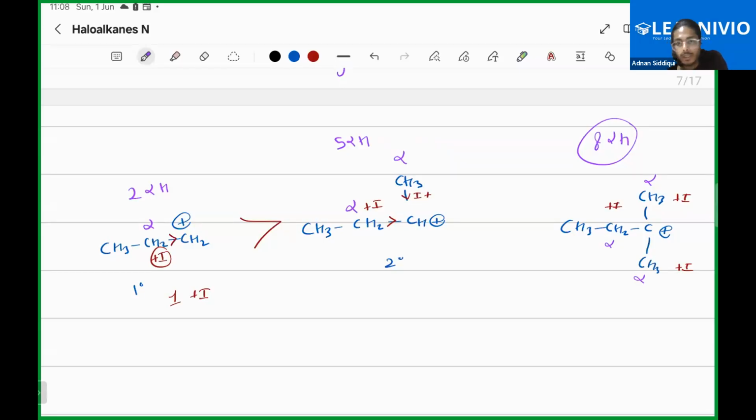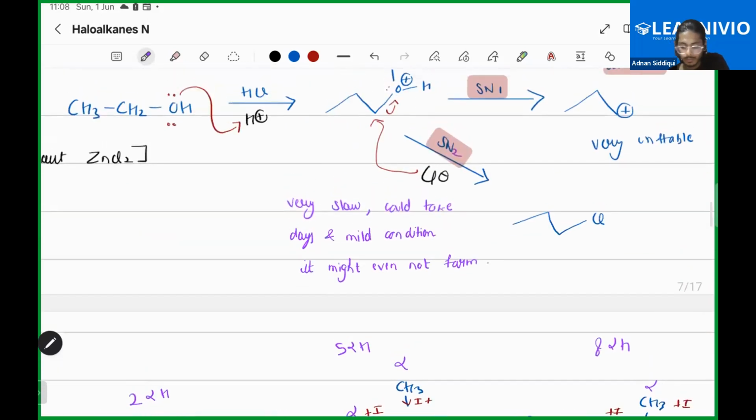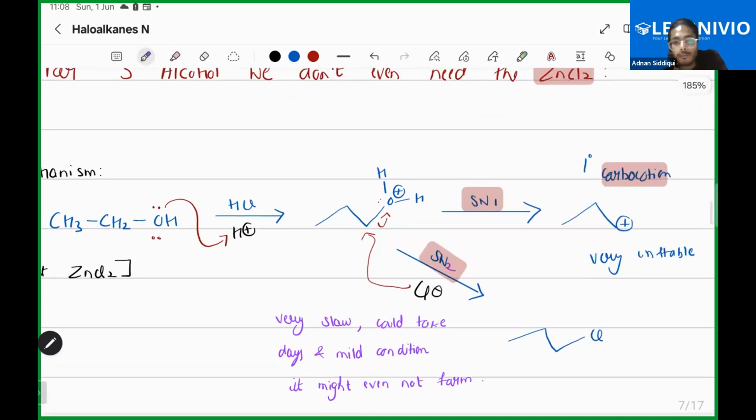So the hyperconjugation, similar to the inductive effect, is most for the 3 degree carbocation. So due to hyperconjugation and inductive effect, our 3 degree carbocation is most stable and 1 degree is least stable. So here, which type of carbocation are we observing? 1 degree. So it is very unstable, right?